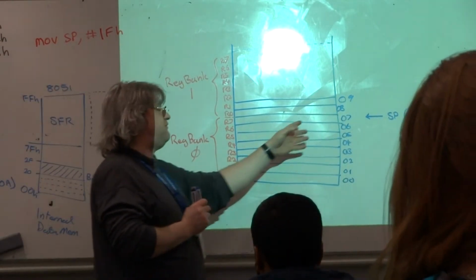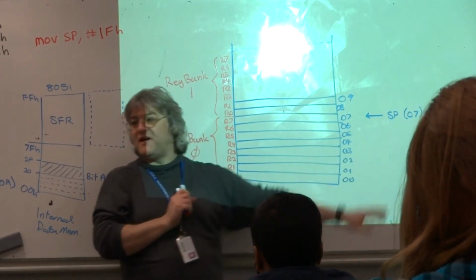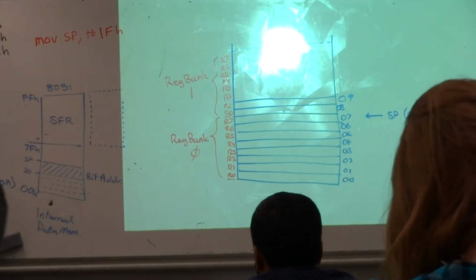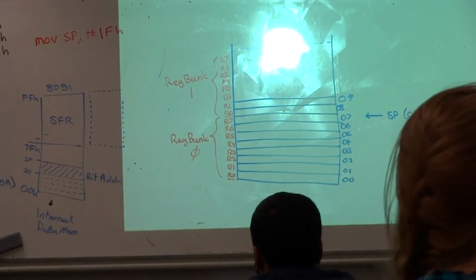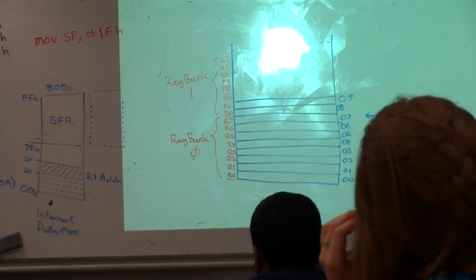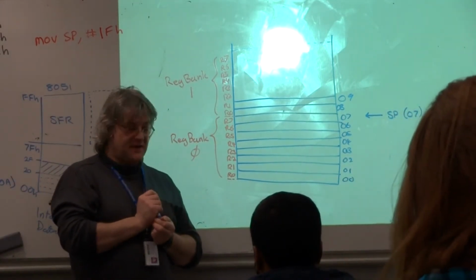So you might say, well, I'd rather move the stack pointer out of the way somewhere safe, and that's fine. And I've shown you how you can move the stack pointer. Yeah? So you can use an unlimited amount of memory for a stack? Not unlimited. You can only use the internal data memory. But up to the end? Up to the end, yes.